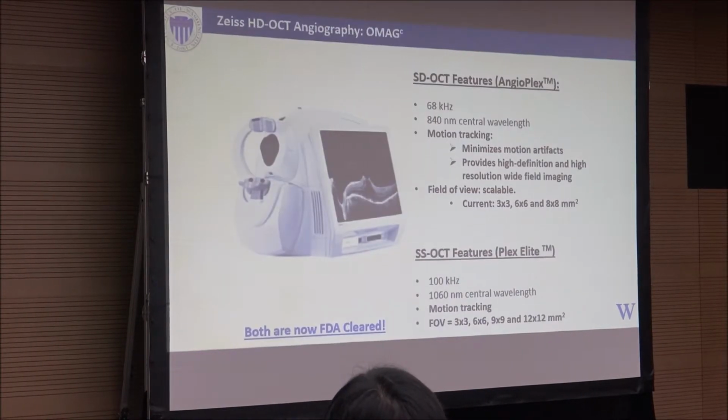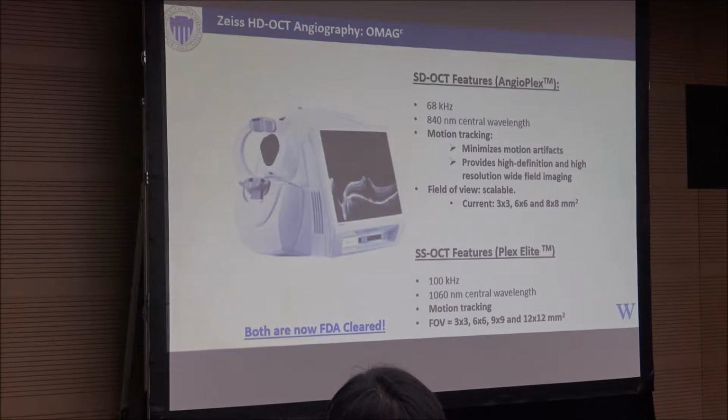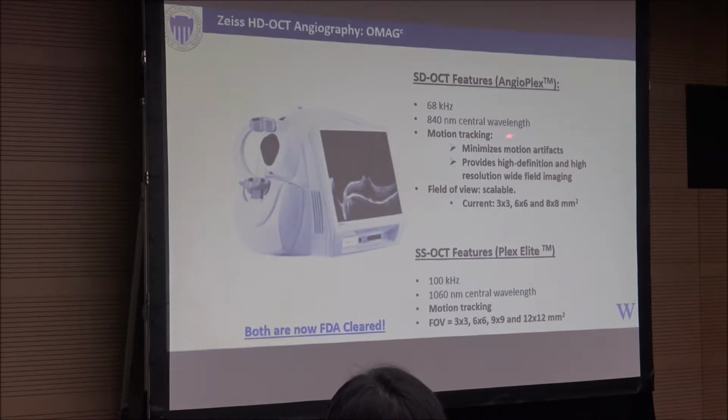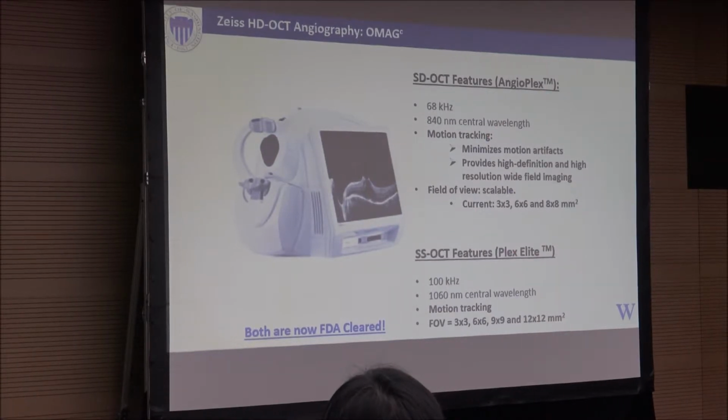In the Angioplex machine, you have this motion tracking feature to do the montaging, so that you can have an ultra-wide field of view. This motion tracking works for the Angioplex and also the Plex Elite, so both machines can do this.